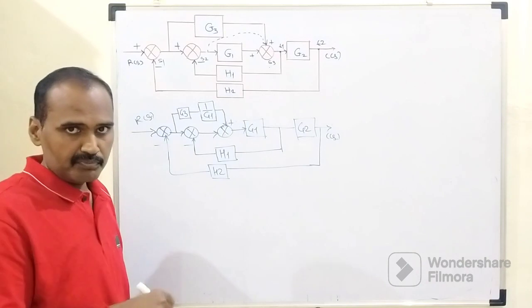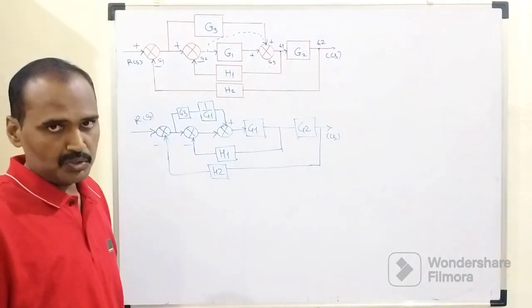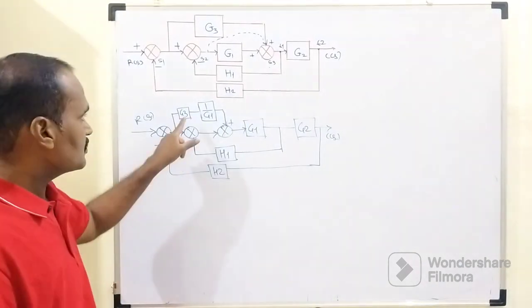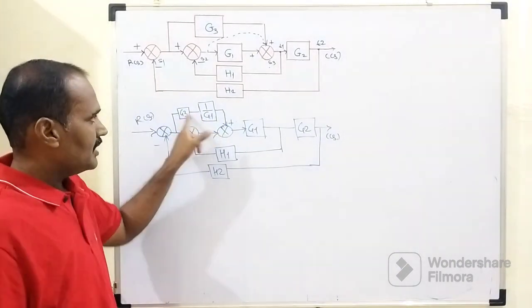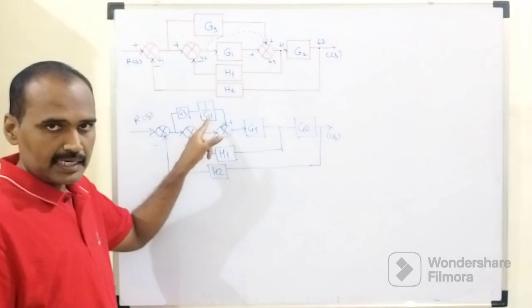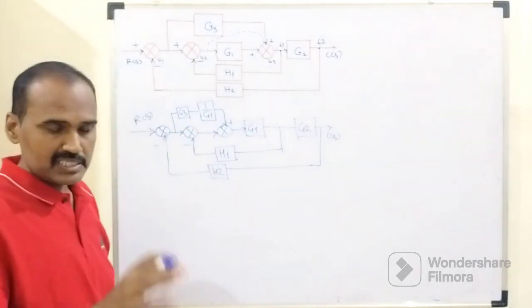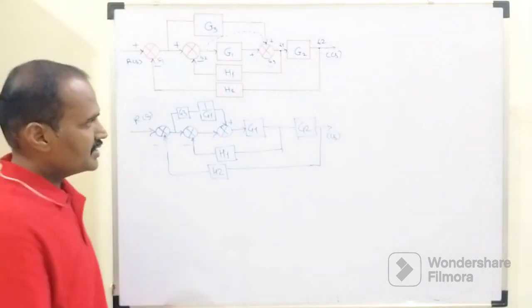Now, further, simultaneously within that same step, we need to follow two reduction rules. Out of the two, the first one is very simple. As we don't have any further elements connected in between these two blocks, obviously these two blocks are connected in series.